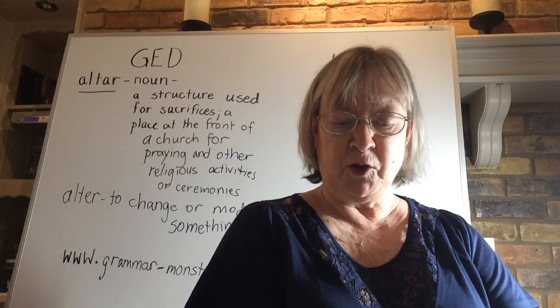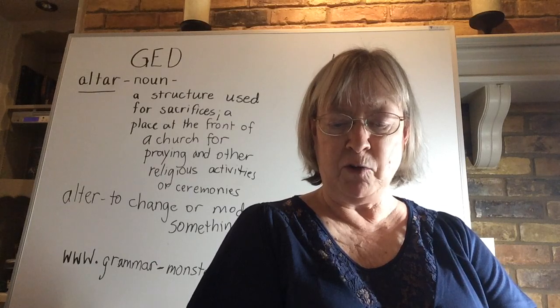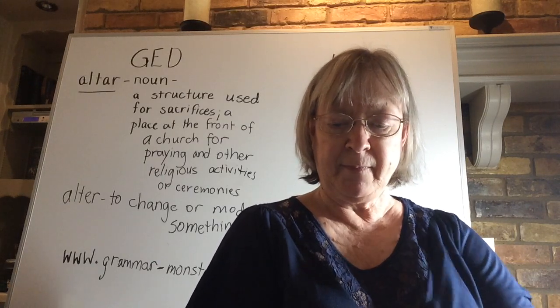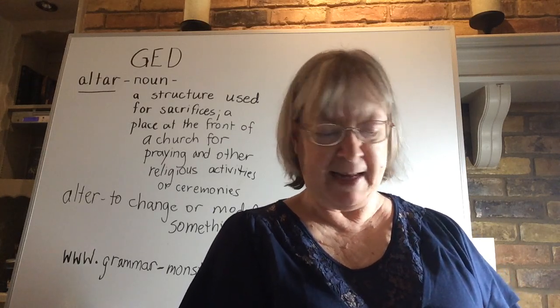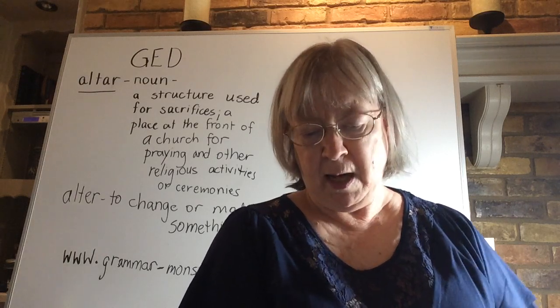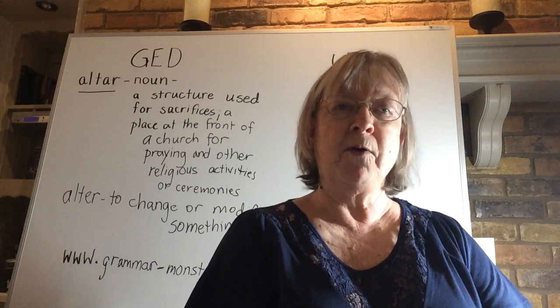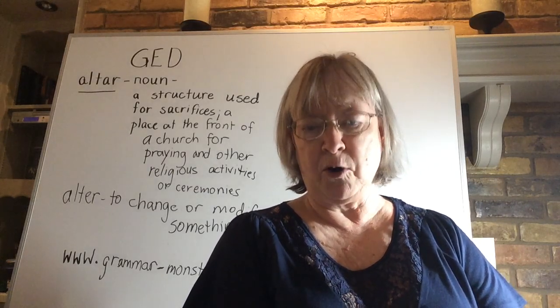Number 3, through their dialogue, what kind of relationship can you conclude the characters have with each other? Informal, tense, suspicious, deteriorating. Do you know what the word deteriorating means? It means getting worse.